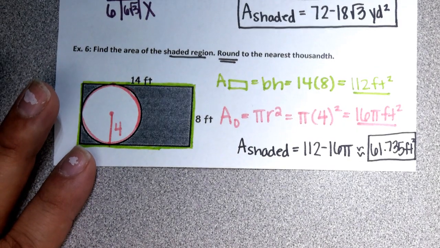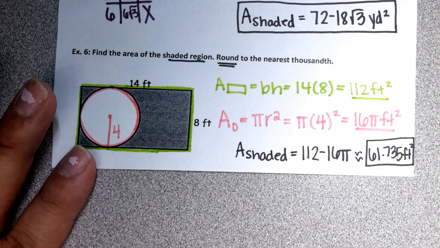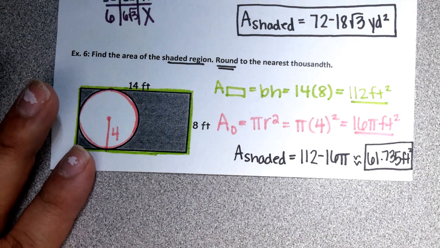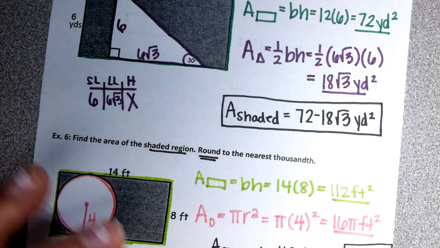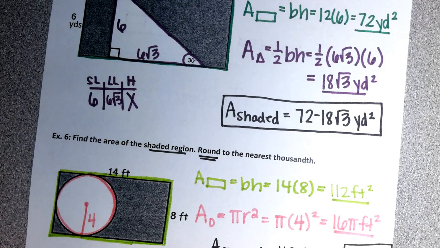This picture right here confuses people. Why? What shape is it? It's not a kite. It's not even a triangle in here. The rhombus? Nope. Trapezoid? Nope. Some kind of shape.